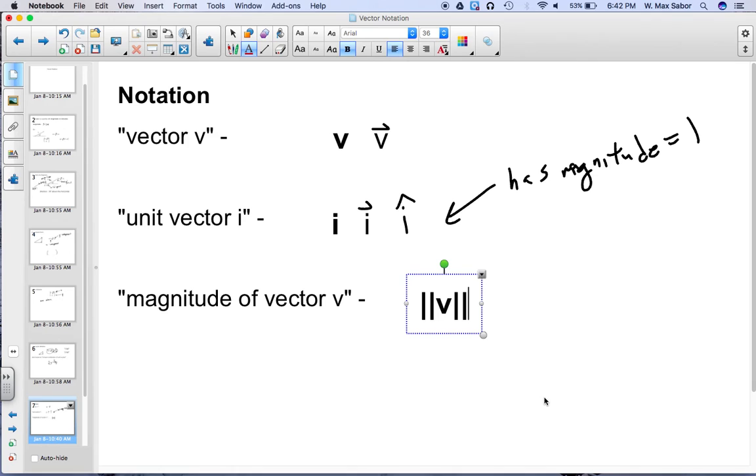You can think of it like absolute value. Now, there are some people, and I really don't like this notation, who will use single absolute value bars. And I've tried to include that sometimes because you'll see it, but that also sometimes means the magnitude of vector V.